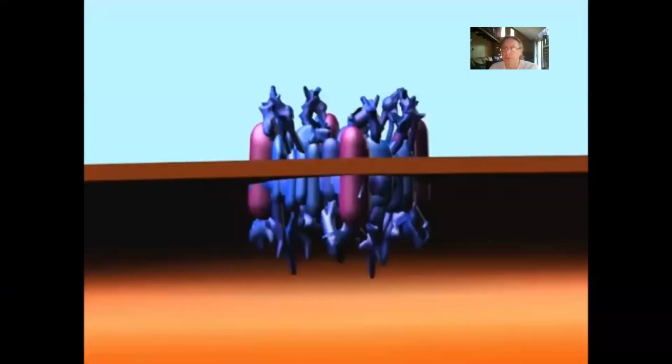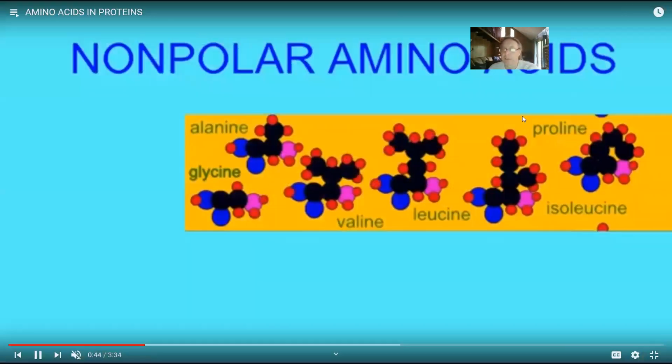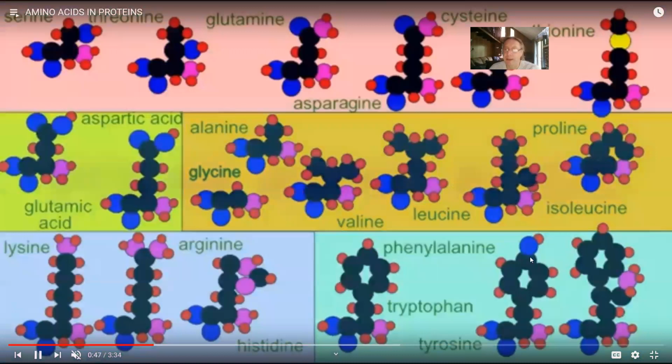And many of the genetic diseases which we are concerned with involve proteins that aren't built properly, where the right amino acids are not put in place. Each amino acid has its own chemical characteristics, and if you don't put the right amino acid in the right place, then that could mean a protein doesn't work.